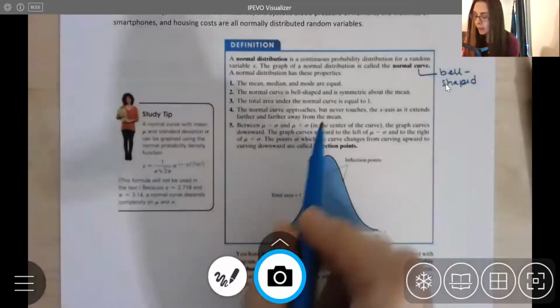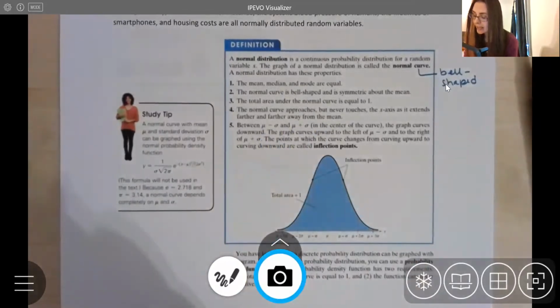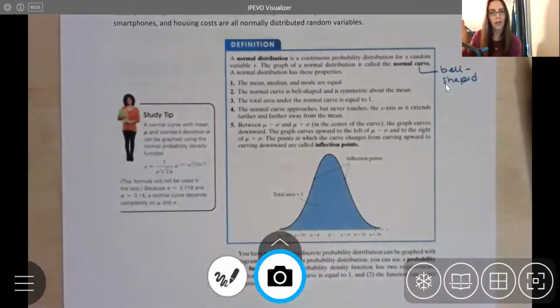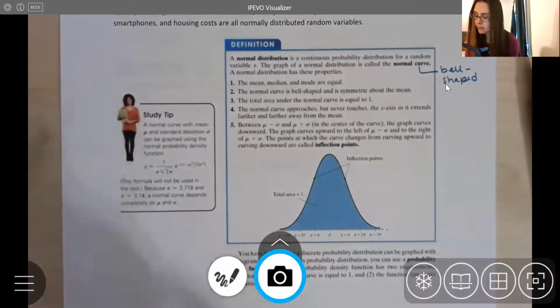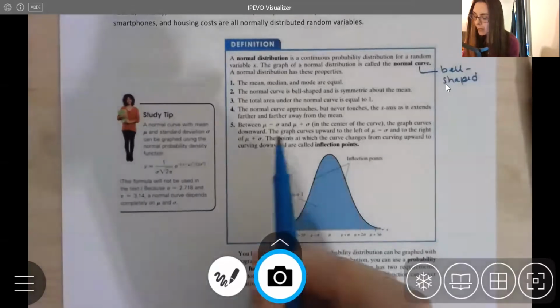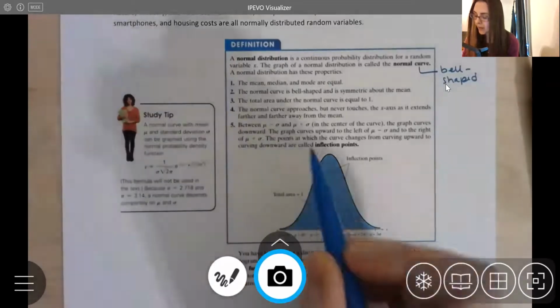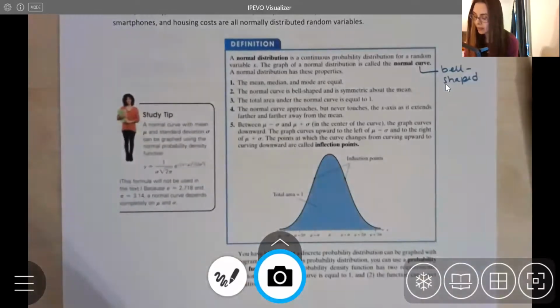The normal curve approaches but never touches the x-axis as it extends further and further away. It's a little hard to see here, but this curve will get closer to the x-axis but never touch or cross it, so it's always above the x-axis. Between the mean minus the standard deviation and the mean plus the standard deviation, the graph curves downward.